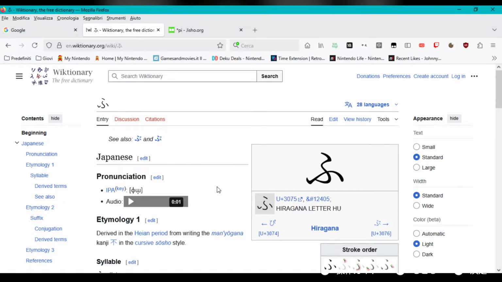But of course, you can pronounce it as a regular F and you'll be fine. But if you notice the difference when Japanese speak, it is because of that. Fu.